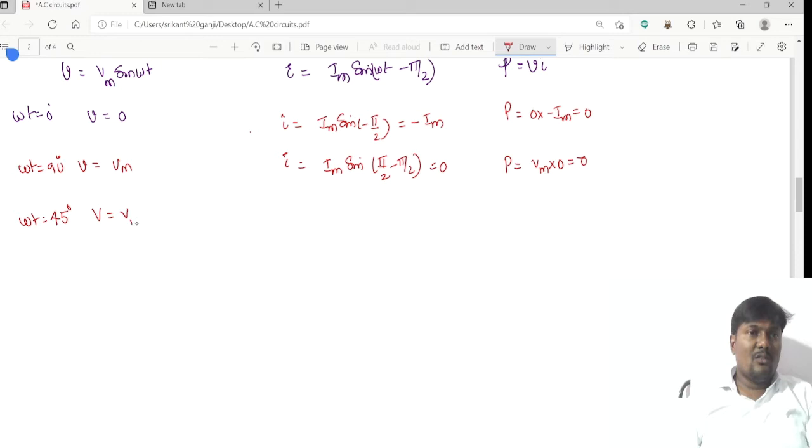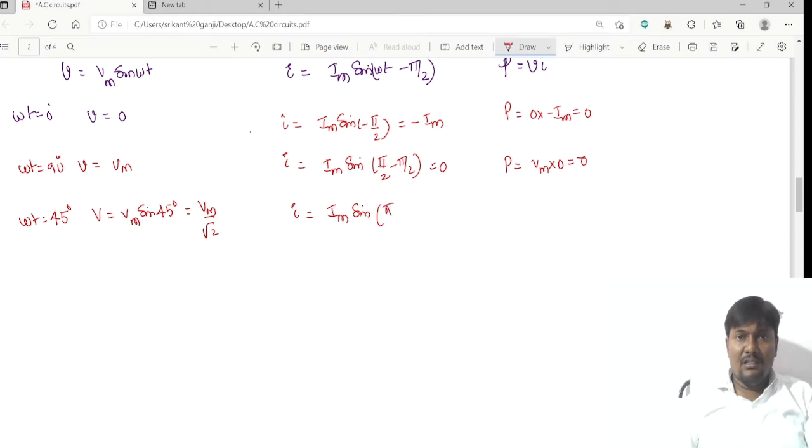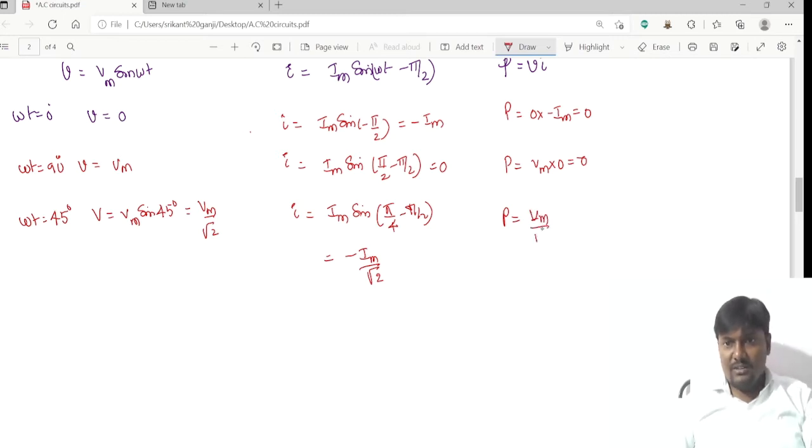V is equal to V max sine 45, which is V max by root 2, and I is equal to I max sine of pi by 4 minus pi by 2, that is, sine of minus 45, which is minus I max by root 2. The power is V max by root 2 into minus I max by root 2, which is minus V max I max by 2.